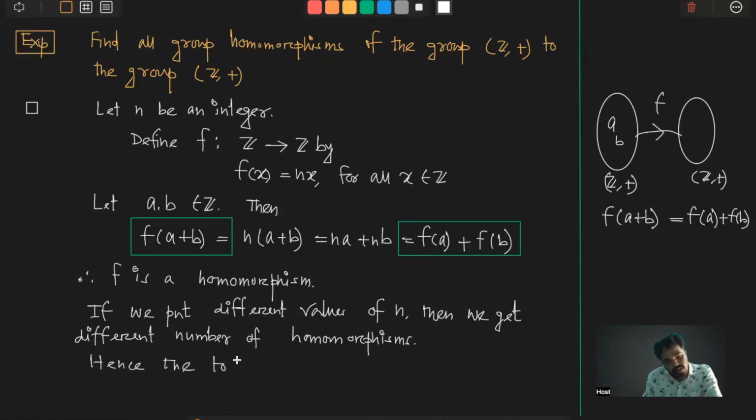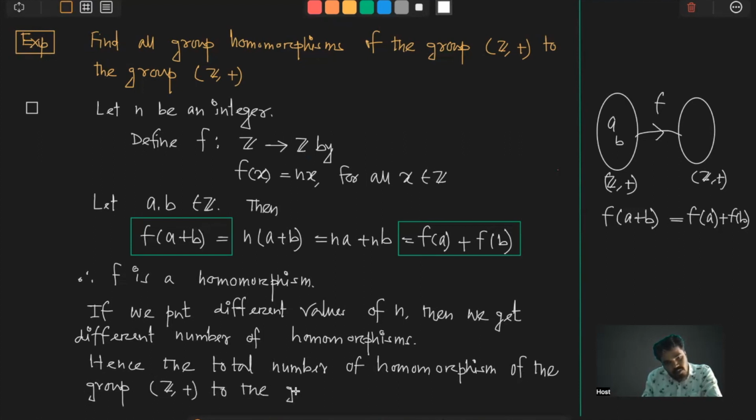Hence, the total number of homomorphisms of the group Z, plus to the group Z, plus is infinite.